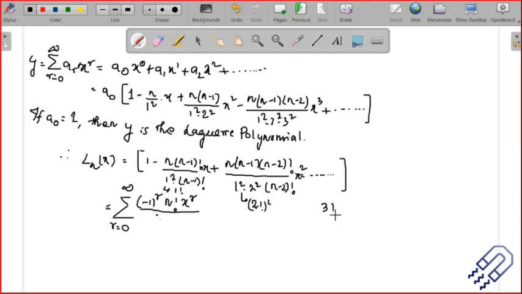Similarly, the next term would be 3 factorial, squared. You can check this and you're going to get this result. So you can write this as r factorial square.